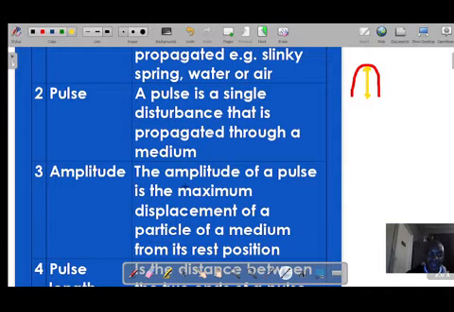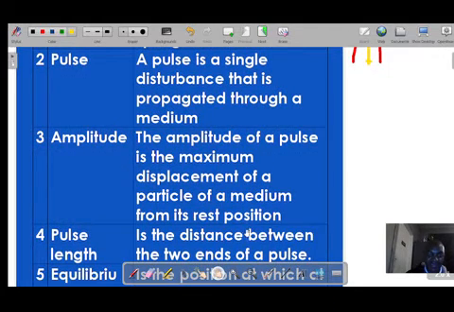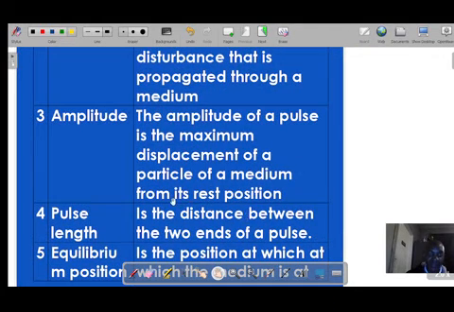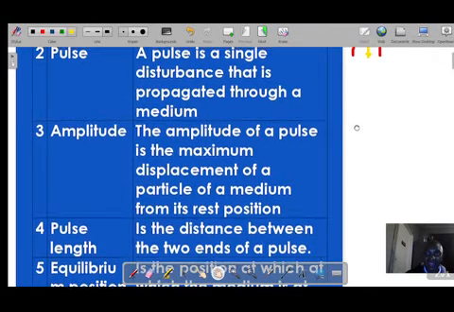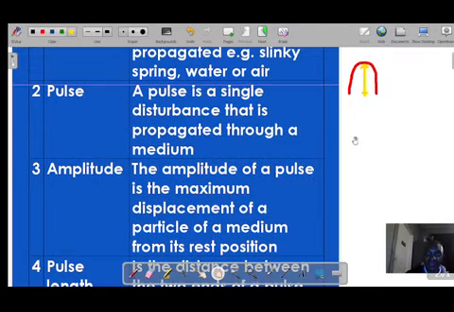Then next we have the pulse length. The pulse length is the distance between the two ends of the pulse. So if we check our pulse again, this is our pulse length here.